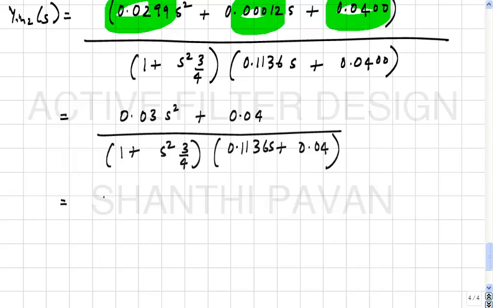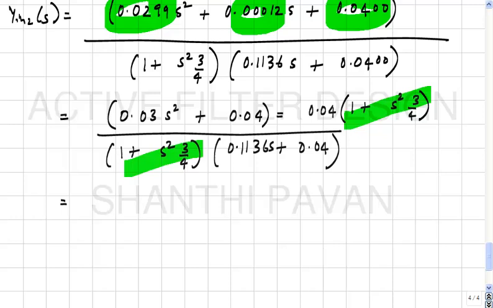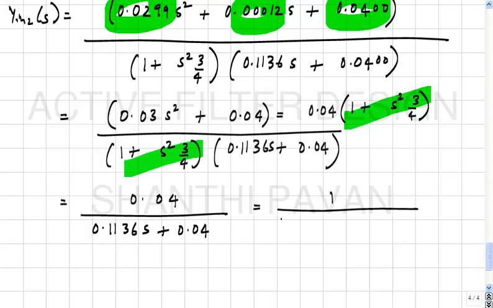which therefore means that the numerator can be rewritten as 0.04 times 1 plus s square into 3 by 4, and this cancels with this, and we are left with 0.04 divided by 0.1136 s plus 0.04, which is 1 by, what is that? 2.838 s plus 1.